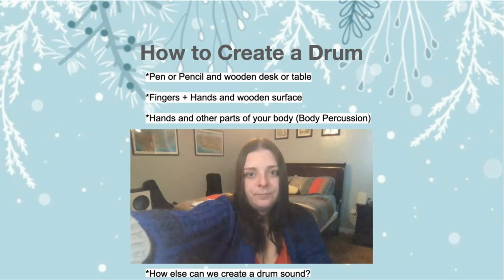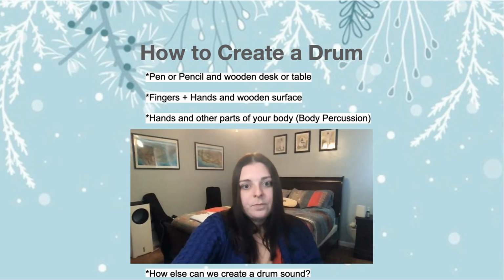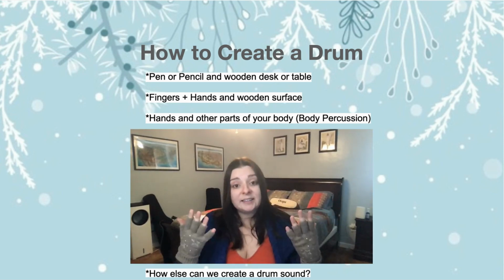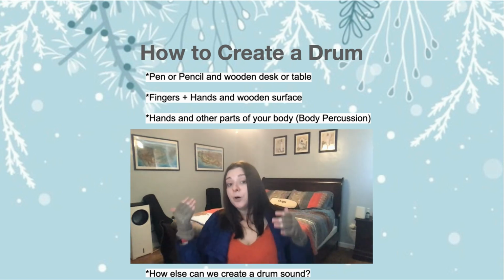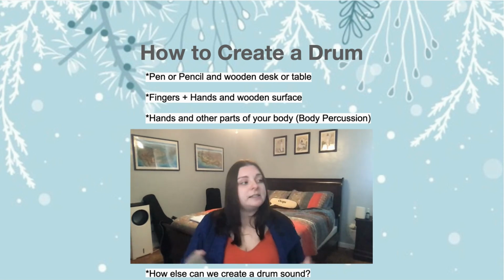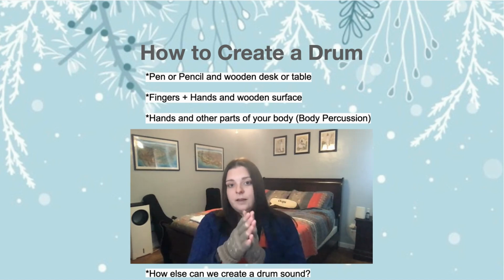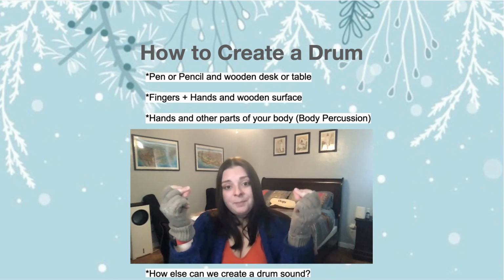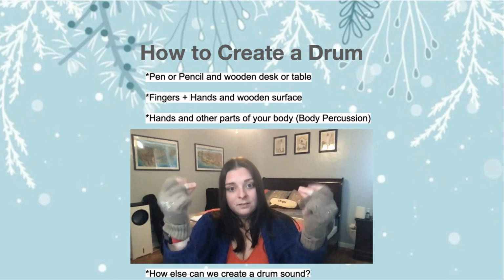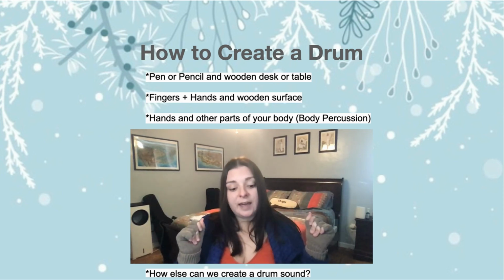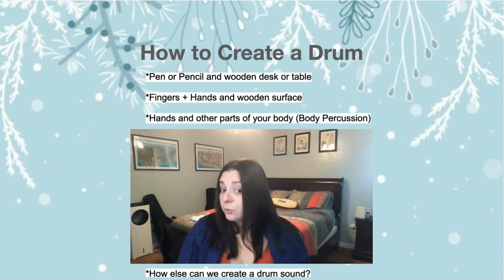The third way to create a drum would be to use your hands and the rest of your body to create body percussion. So let's see, how are some different ways we can create body percussion? We can clap. If you don't have gloves on, it'll sound a lot better. You can snap. You can use your table.